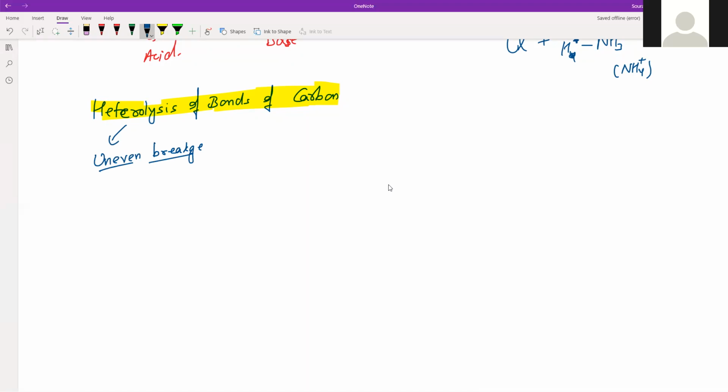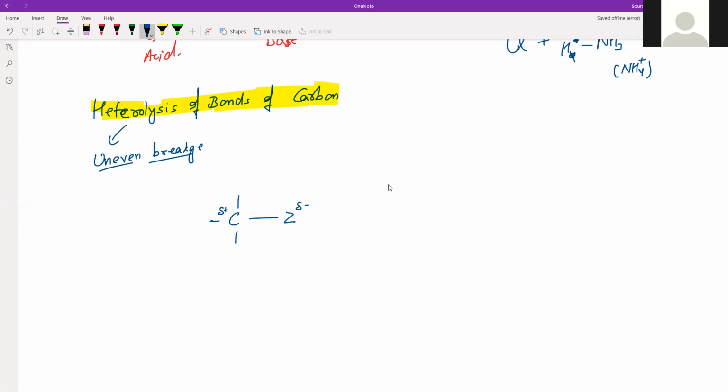What does that mean? Suppose you have a carbon here, which may be forming 3 different bonds, and another bond with some Z, which is having some positive or some negative charge. Suppose the Z that is connected here has a negative charge.